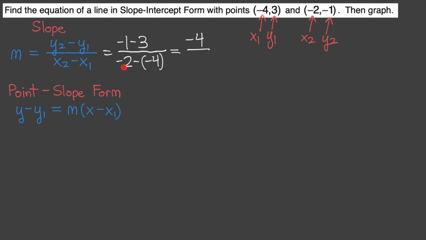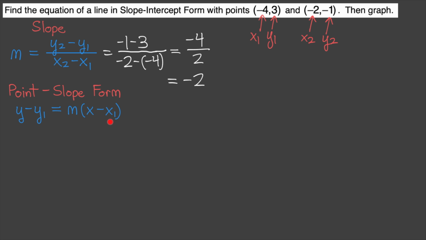And then on the bottom, we have -2 minus -4, so that's really +4, so -2 plus 4 is +2. If we simplify -4 over +2, we get -2. So there's our slope.